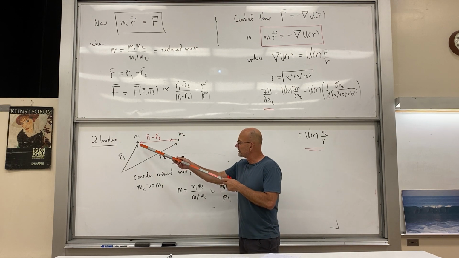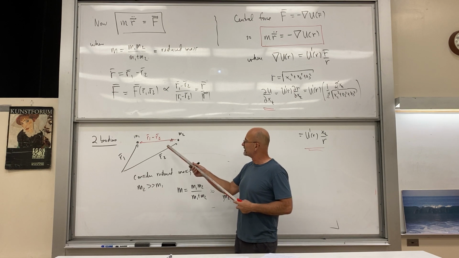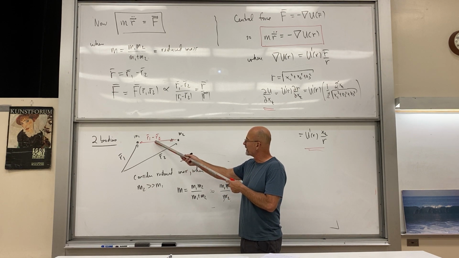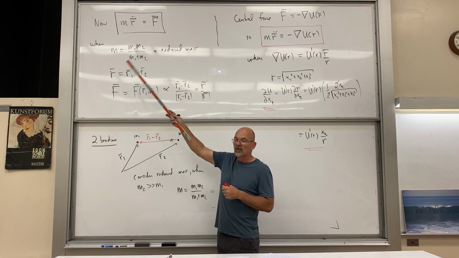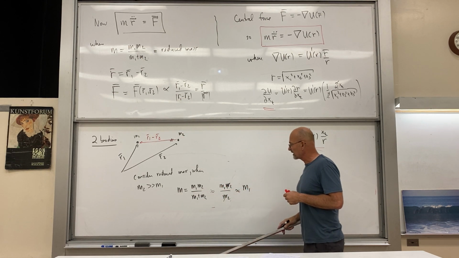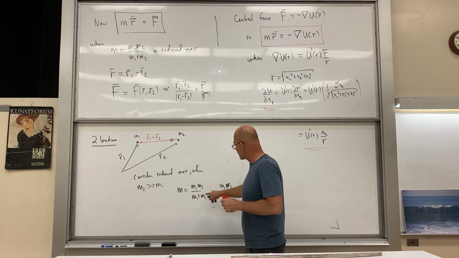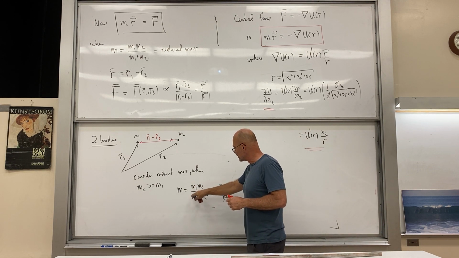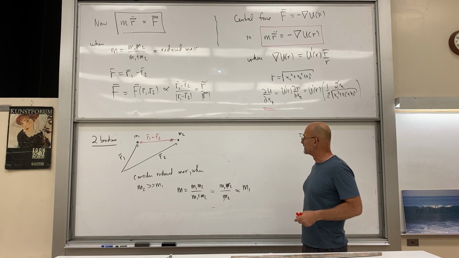You could have a system of equal masses, say a double star system, where the center of mass is right in the middle of them, and still the same formalism holds, with just different values. If the masses are the same, then you can see the reduced mass is half. And that's why it's called reduced, it's always less.